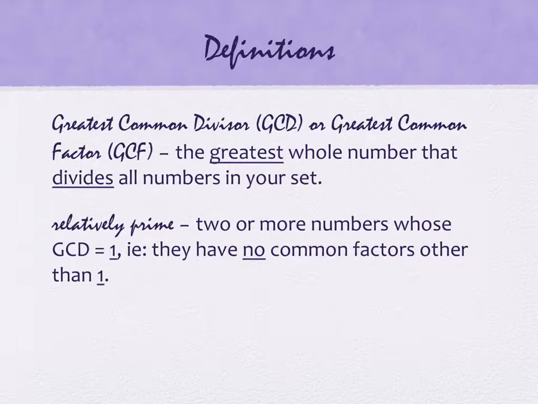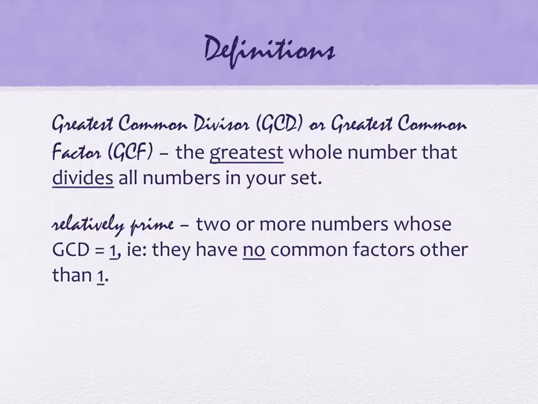Relatively prime, we've actually encountered relatively prime items before. Relatively prime means that you have two or more numbers whose greatest common divisor is 1. In other words, they have nothing in common.